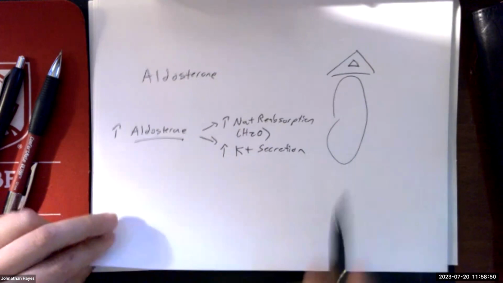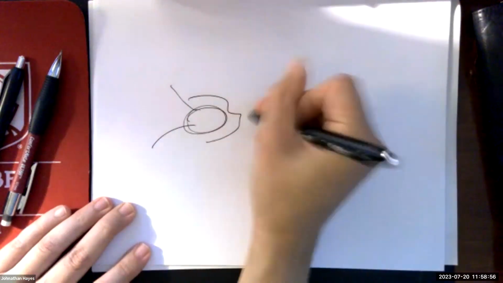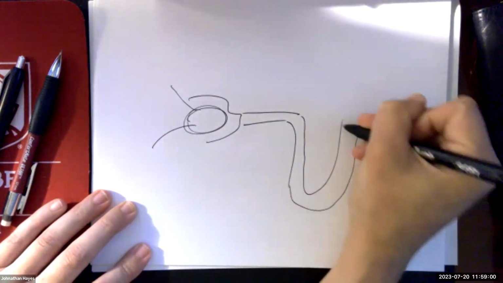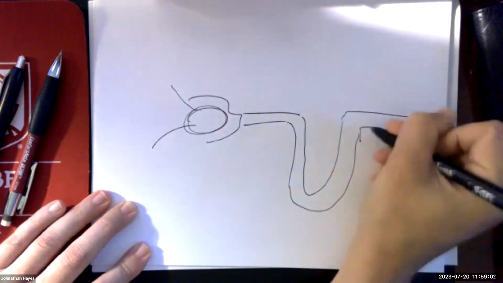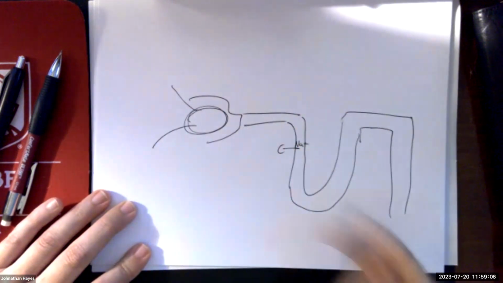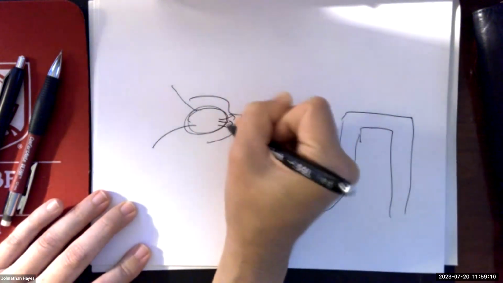So schematically, how would that look? Let's say here's my glomerulus, here's my Bowman's capsule, here's my tubular system. Most of the effect is going to be happening in the tubular system, okay? If I increase my sodium reabsorption rate, we're going to start pulling sodium out of the tubular system because it gets filtered in there every time.